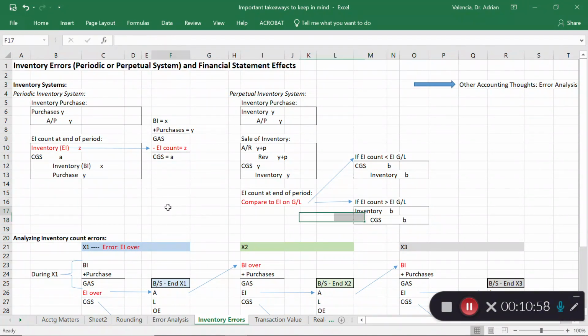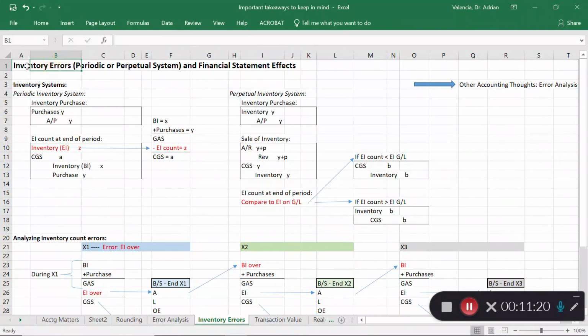So what am I trying to get you to see here? Every time you have an analysis of inventory errors, most of the time it relates to an issue of the count, the ending inventory count, whether it's under a periodic or a perpetual inventory system. That's usually what we're talking about.